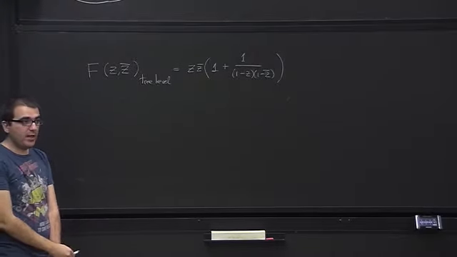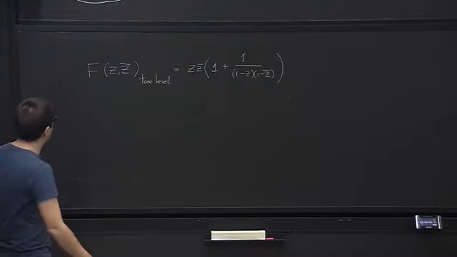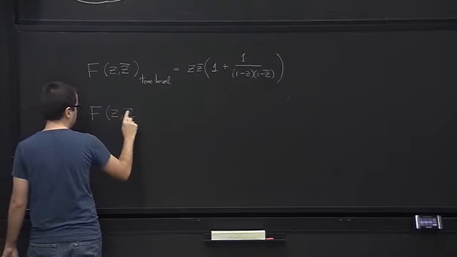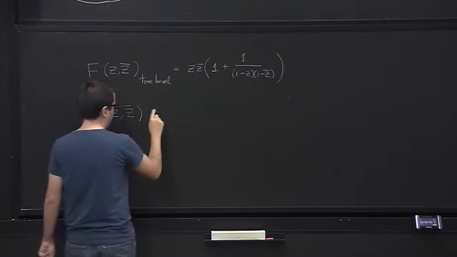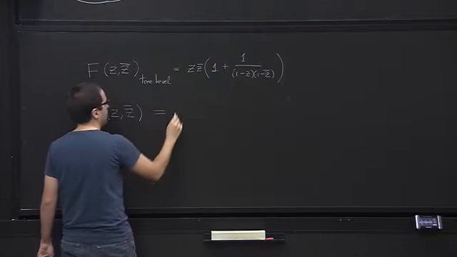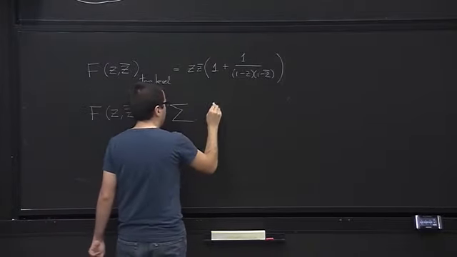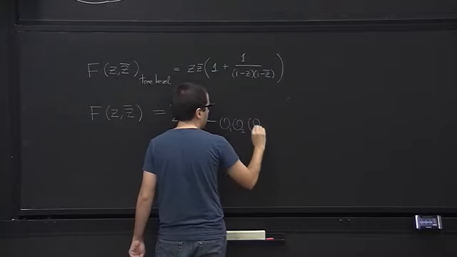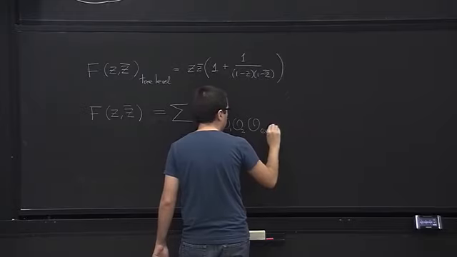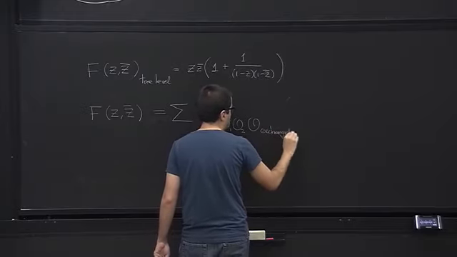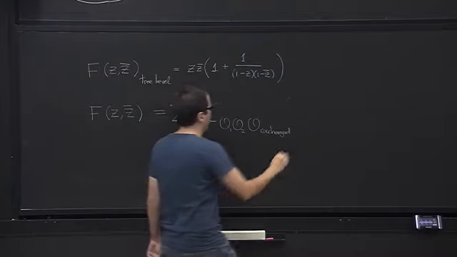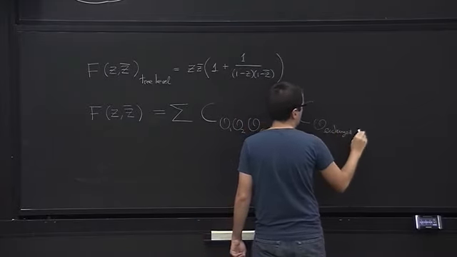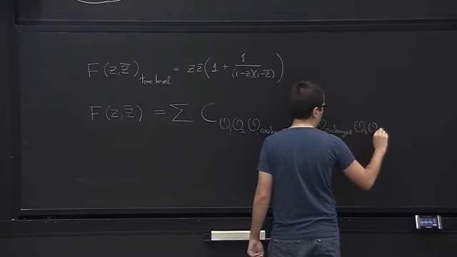Okay, what is the claim? I remind you, the claim was that this function, at any loop order, this f(Z, Z bar) should be equal to a sum of a 3-point function between operator O1, O2, and the operator that is being exchanged, times the 3-point function of the operator that is being exchanged with O3, O4.